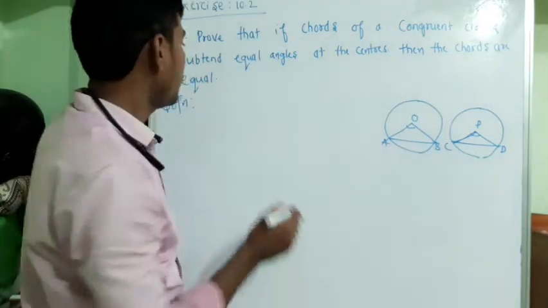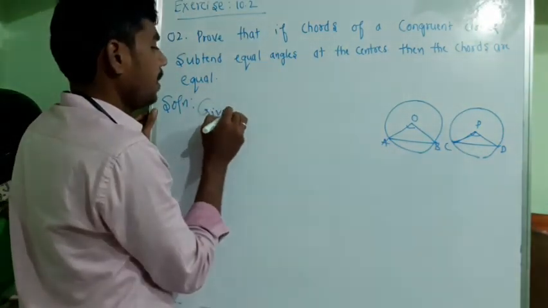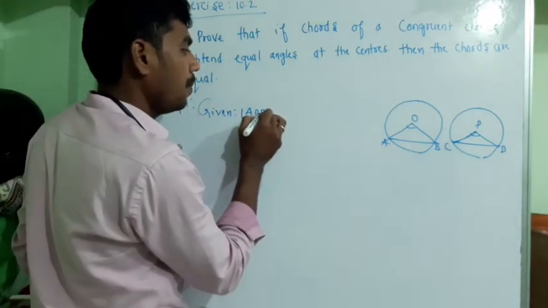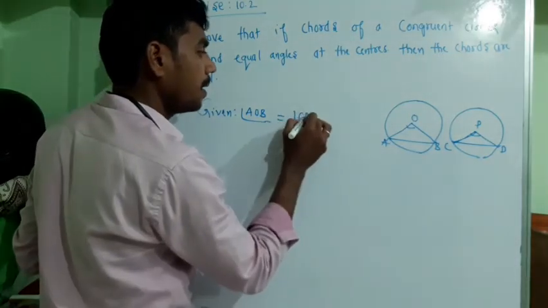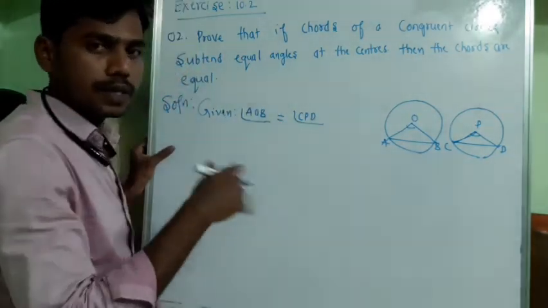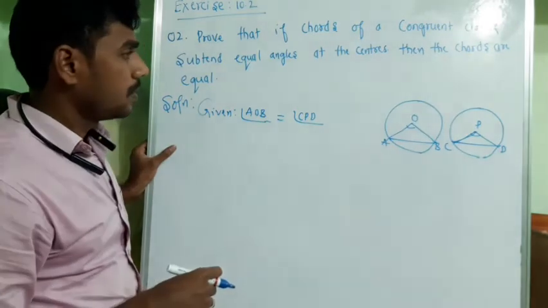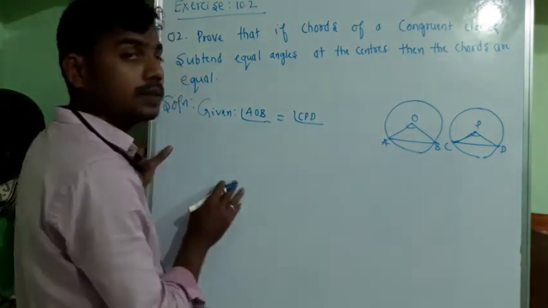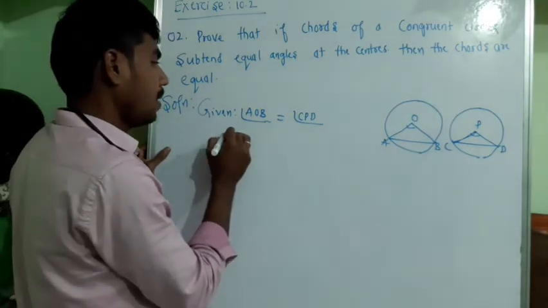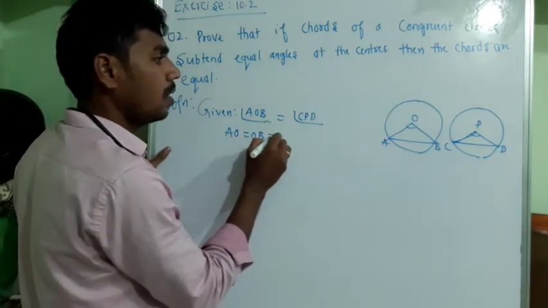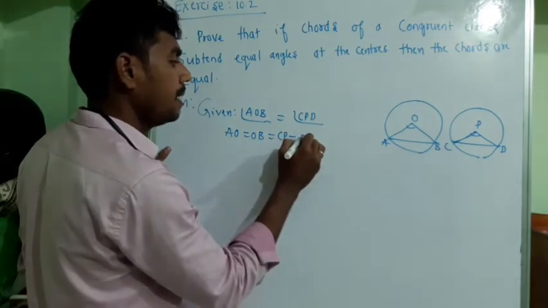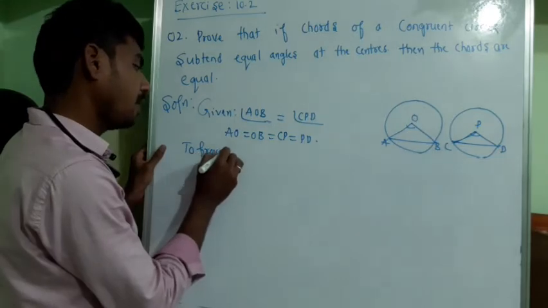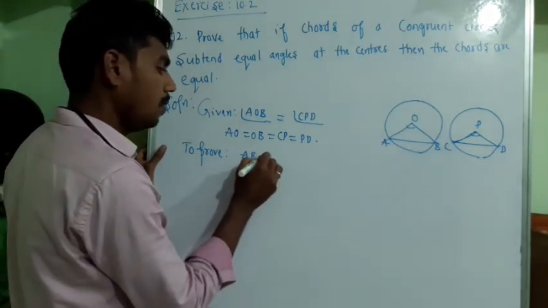That we need to prove. What is given to us? Given: angle AOB is equal to angle CPD. Exactly the converse of the first question. And we know that both circles are congruent, so AO is equal to OB is equal to CP is equal to PD. What is required for us to prove? We need to prove AB is equal to CD.